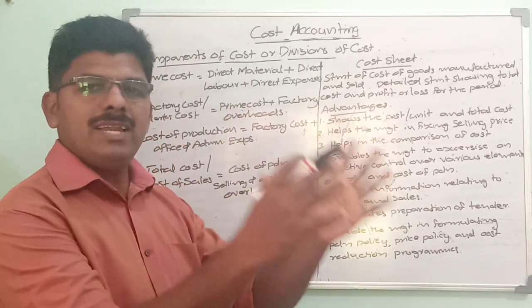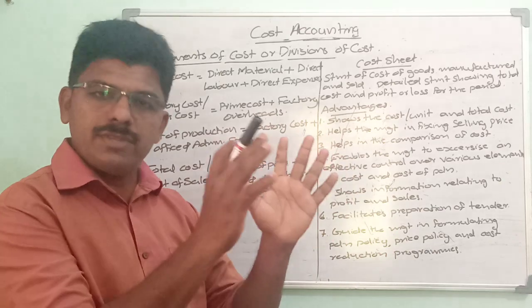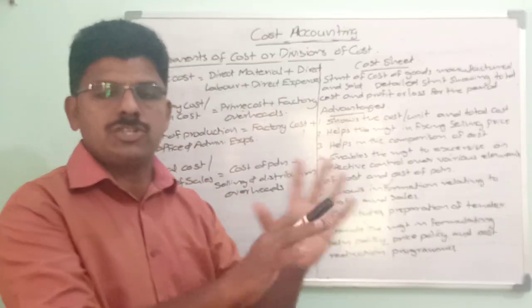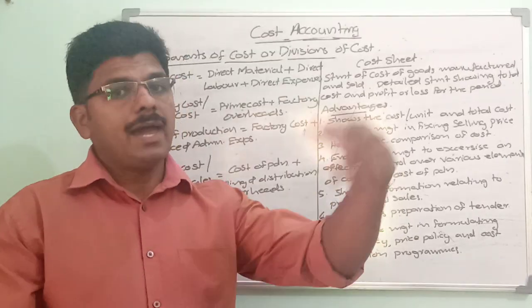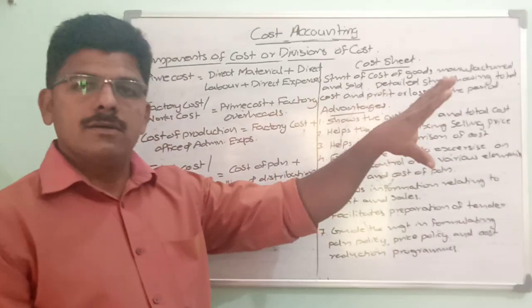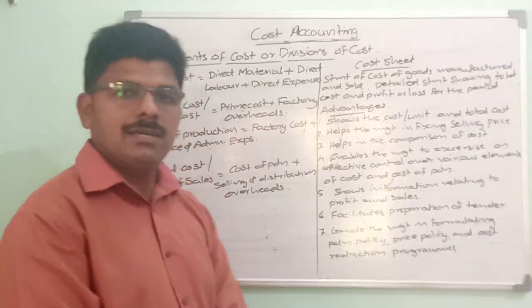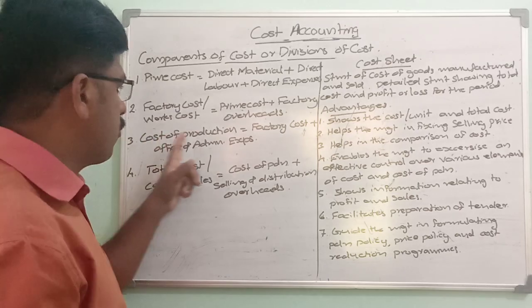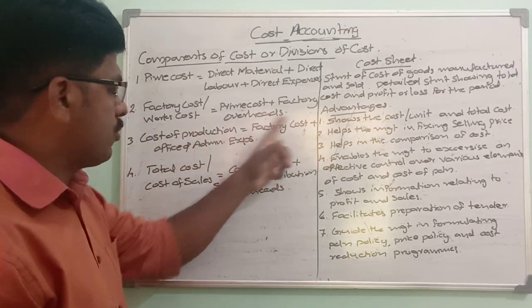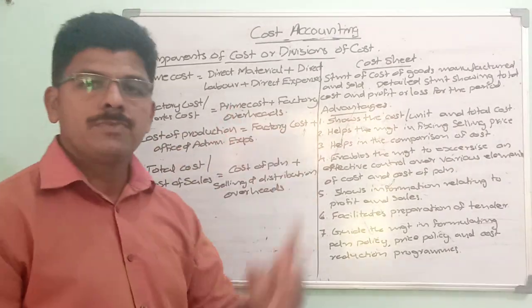That means all expenses incurred for the general management and administration of the business concern are added along with the factory cost. Therefore, cost of production is equal to factory cost plus office and administration overheads.